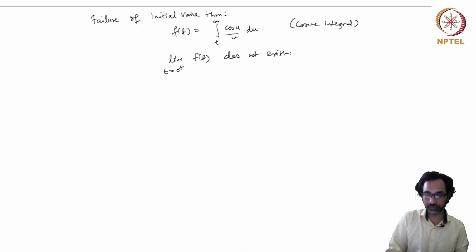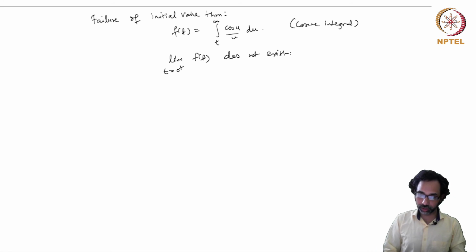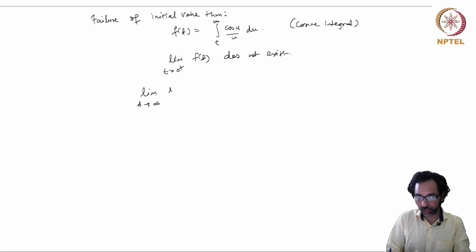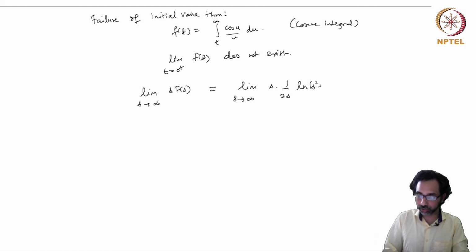We have seen this, and now you can check that the limit as s tends to infinity of s F(s) is given by the limit as s tends to infinity of s times 1 over 2s times ln(s squared plus 1).